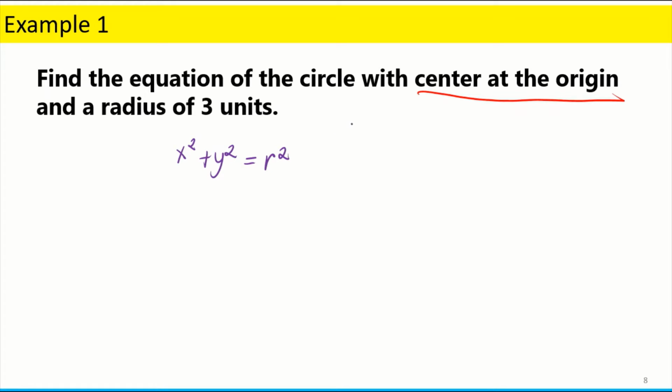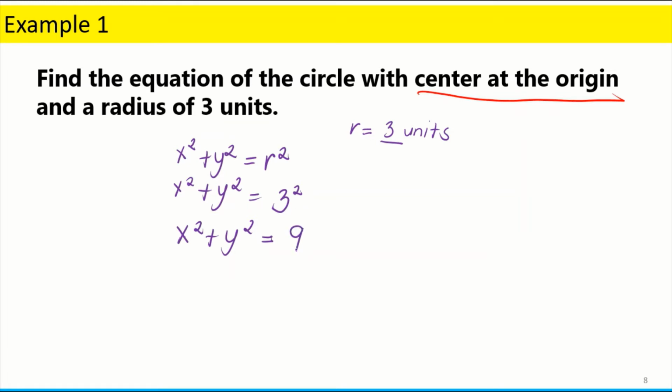So r is equal to 3 units, and we substitute r in our equation. We have x² + y² = 3², meaning 3 times 3 equals 9. Therefore, the equation of the circle having a center at the origin with radius 3 is x² + y² = 9.